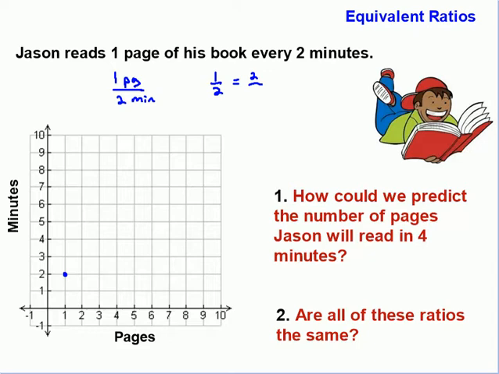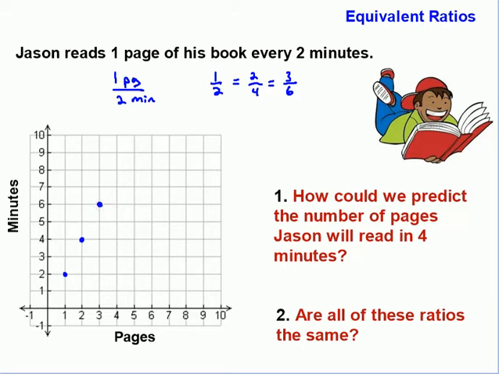So we'll say 2 over 4 here. 2 pages took 4 minutes. Let's think about it again. If it takes him 2 minutes to read every one page, then if he reads 3 pages, it would take him 3 times that amount of time, which would be 6. So 3/6. We'll go over here to 3, and it takes him about 6 minutes.